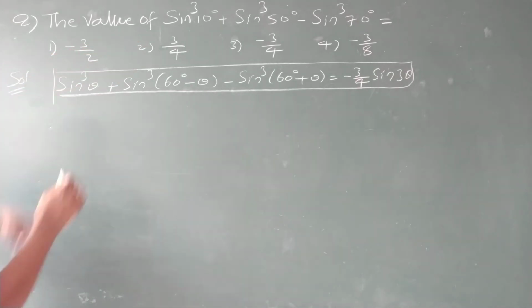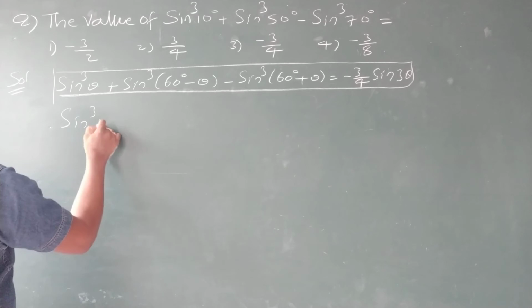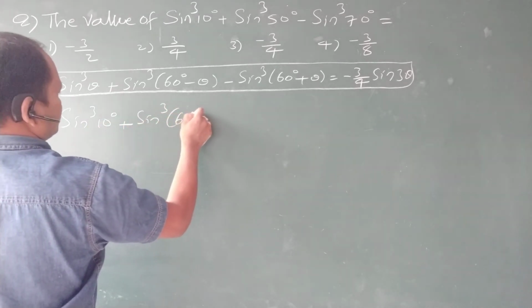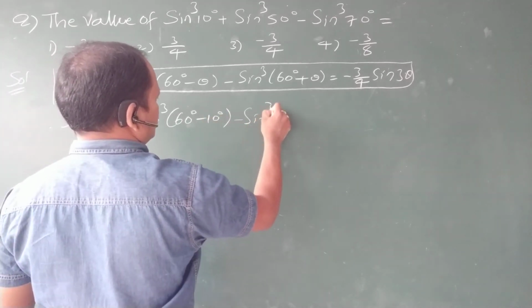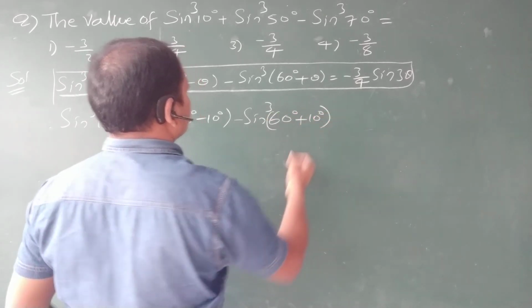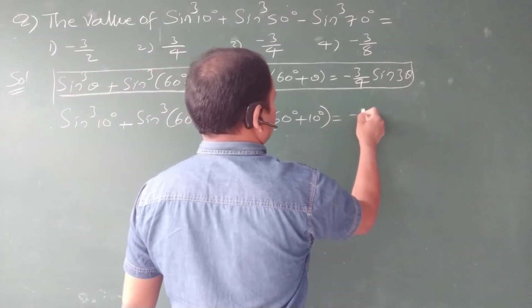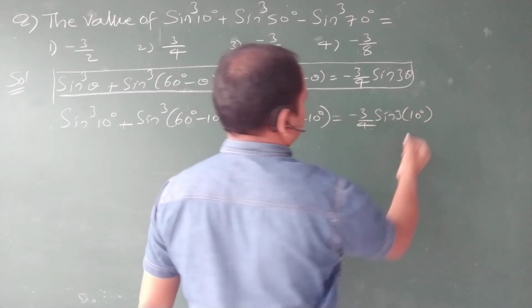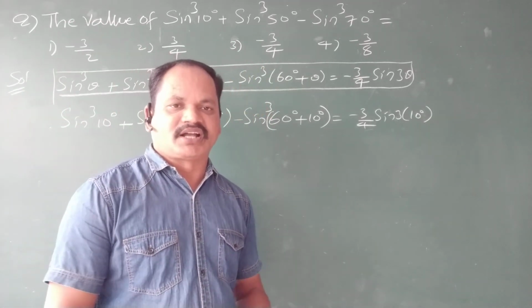Now we write this as sin cube 10 degrees plus sin cube (60 minus 10) degrees minus sin cube (60 plus 10) degrees. Comparing with this formula, it is minus 3 by 4 sin 3 times 10 degrees. 3 times 10 degrees makes 30 degrees.